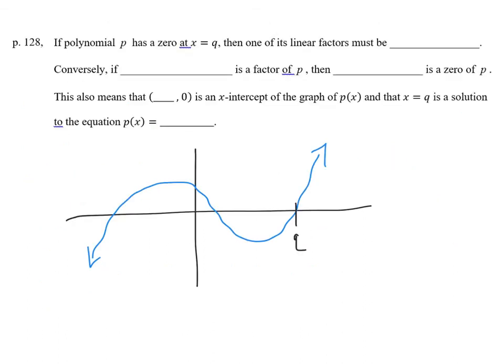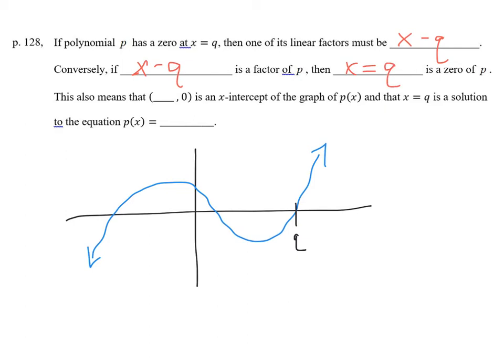All right, so let's just summarize some of the ideas we've been using. First off, if a polynomial p has a 0 at x equal to q, then one of its linear factors must, of course, be x minus q. And conversely, if x minus q is a factor of p, then x equal to q is a 0 of p.